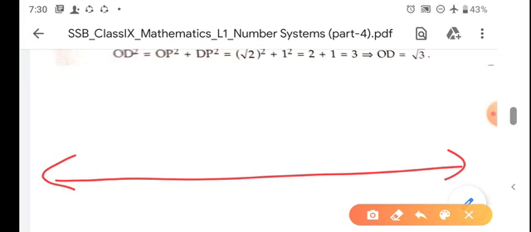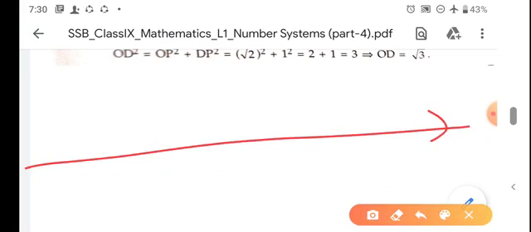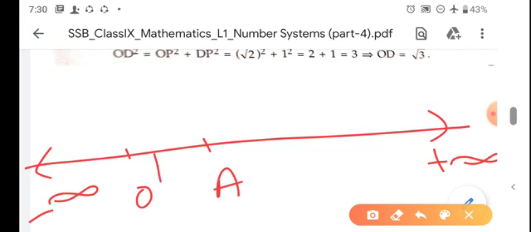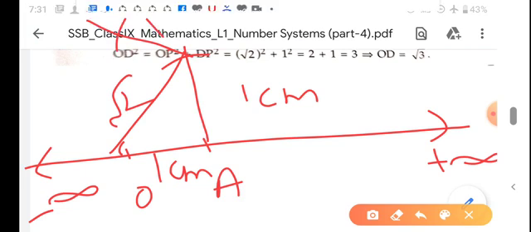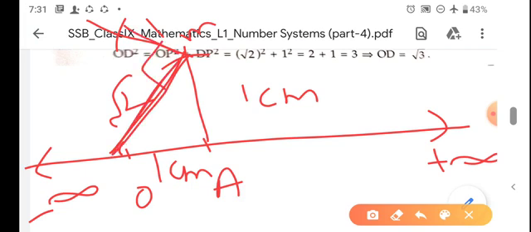So how will we prepare this? Let us take a number line, with negative infinity and positive infinity. This is 0, this is A at 1 centimeter. You make an angle of 90 degrees, cut it 1 centimeter, and join it. This is root 2. Now here you draw an angle of 90 degrees and cut again 1 centimeter. This is your base, this is the perpendicular, and this is your hypotenuse.